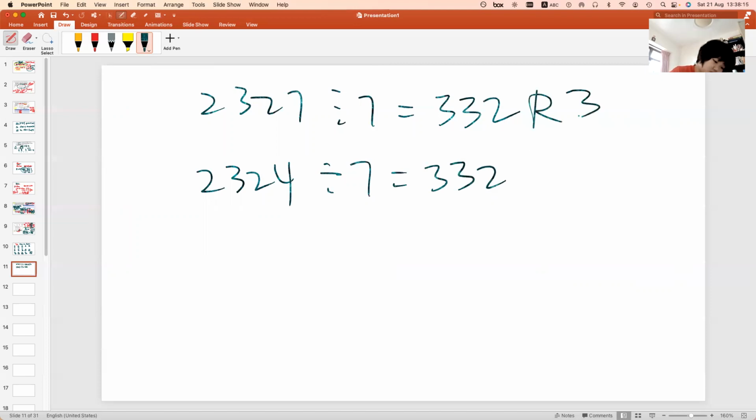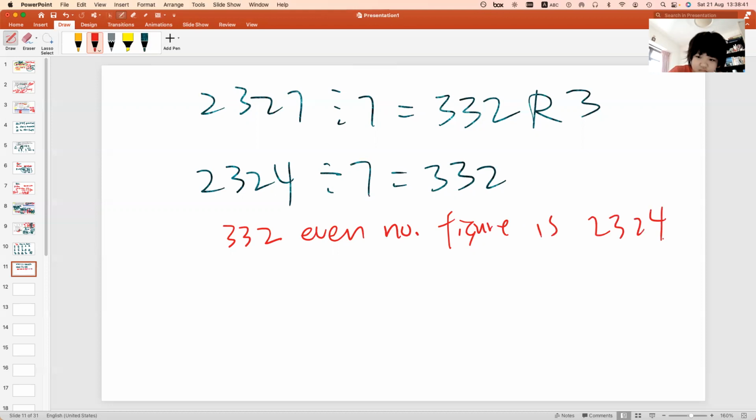Okay, so with this, you can actually figure out that the 332 even number figure is 2324. Okay, so we need to find out what is this even number figure first.